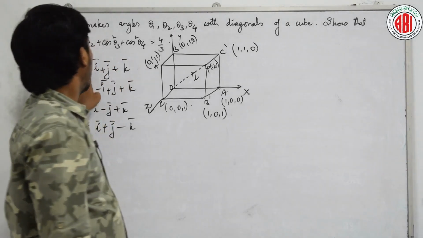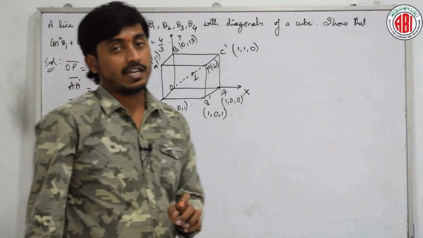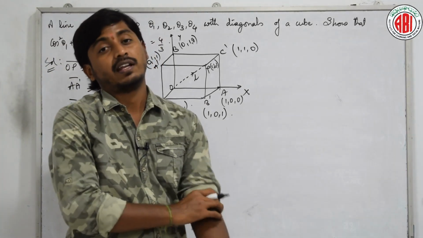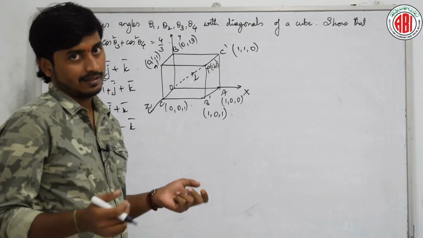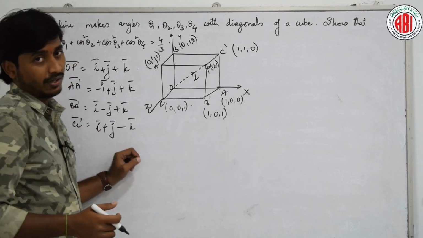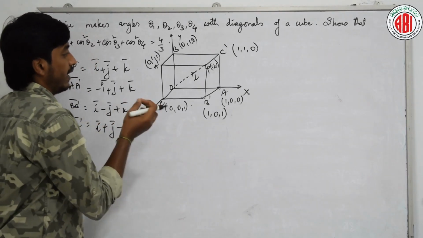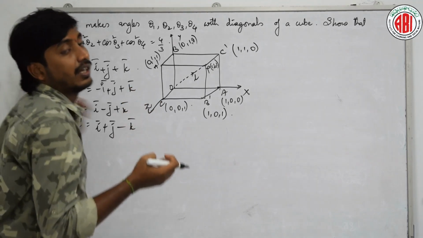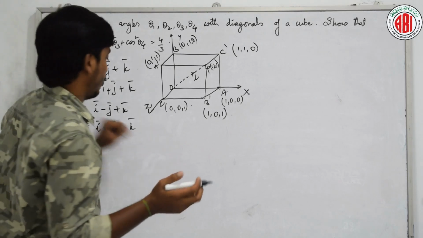We have got the vectors OP bar, AA dash, BB dash and CC dash. Then we have to find the angles from this vector to the remaining vectors. Okay? Is it clear? Did you understand? So, let us put the line vector which I want to find as xi plus yj plus zk as usual.